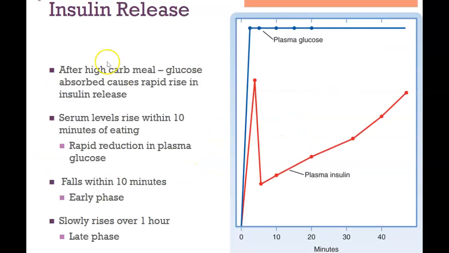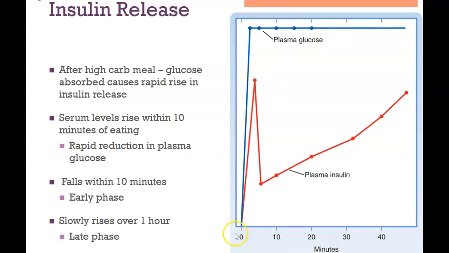The way that this looks throughout a meal, for example, is this graph right here, where when we are looking at the red line, we're looking at levels of insulin in the plasma. In blue, we have what the glucose levels in the plasma would be like.